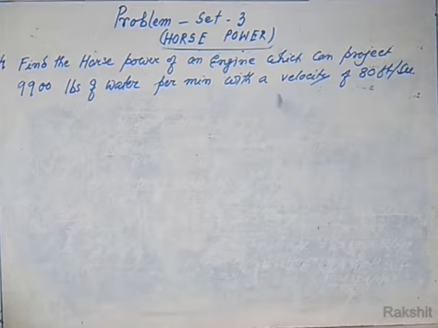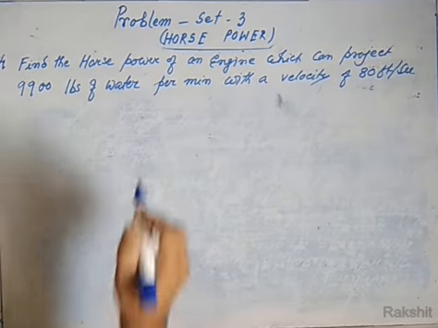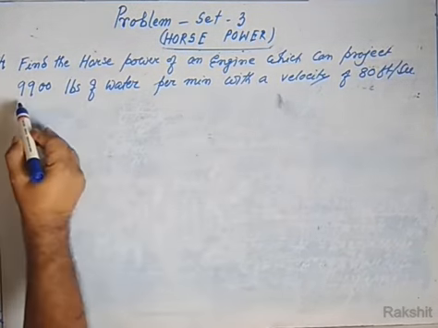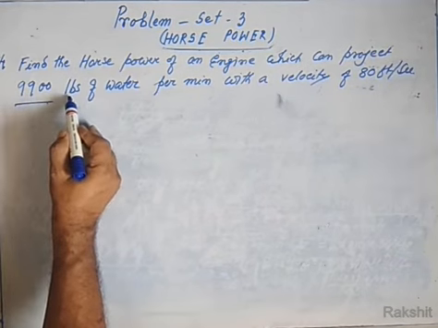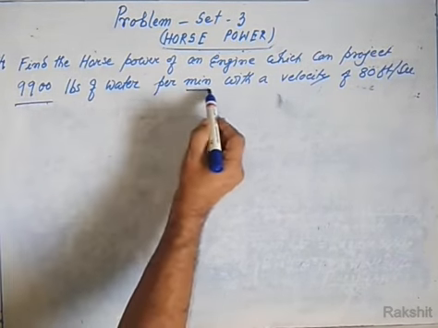The concept of problem number 2 will be applicable here. In this case, this is an easier problem. 9,900 pounds of water per minute.